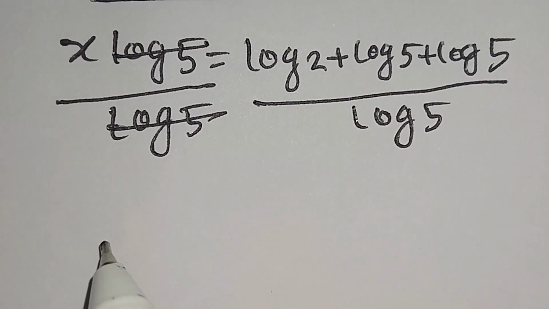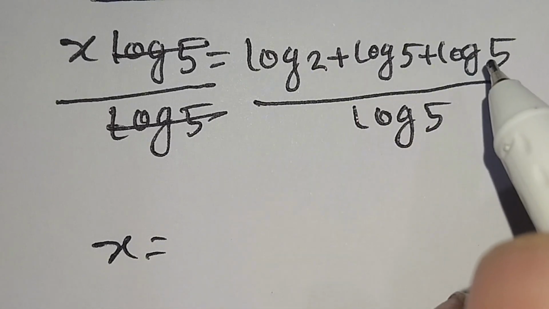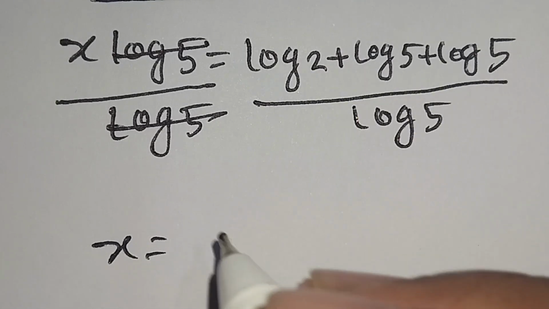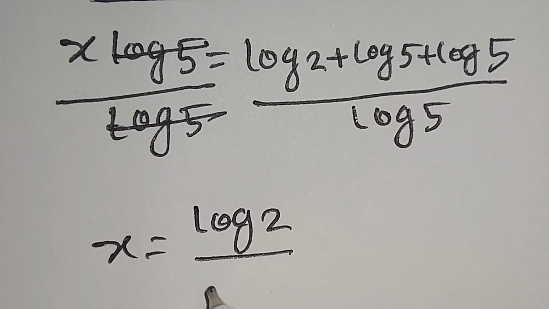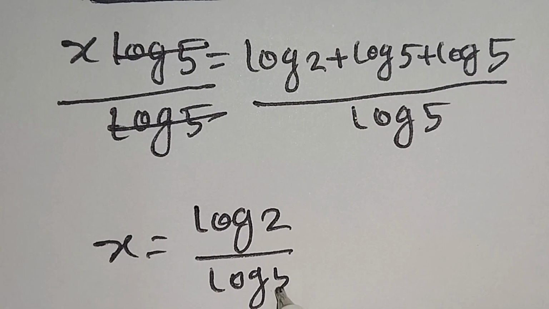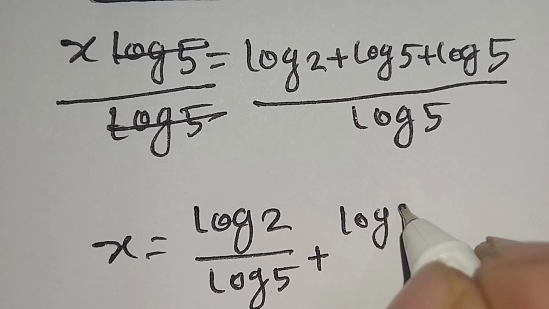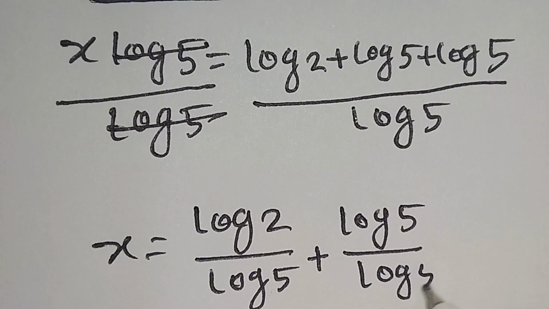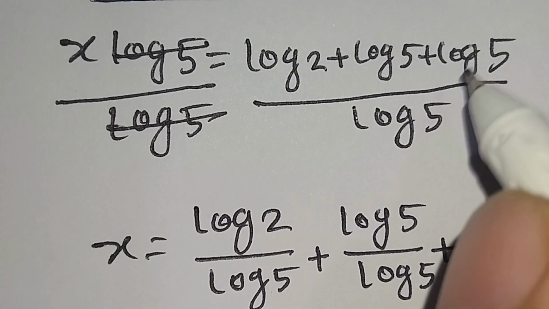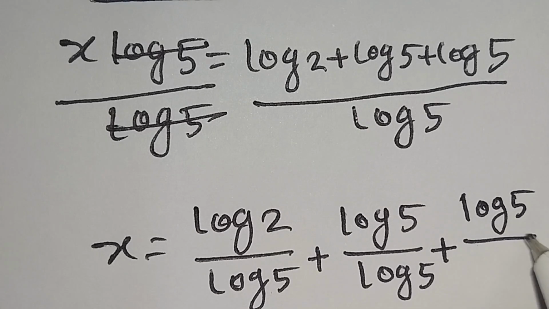Here x is equal to, you can write log 2 plus log 5 plus log 5 over log 5 as log 2 over this log 5 plus this log 5 over this log 5 plus this log 5 over this log 5.